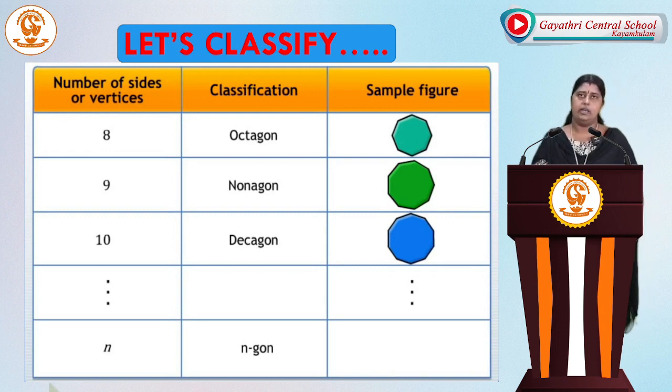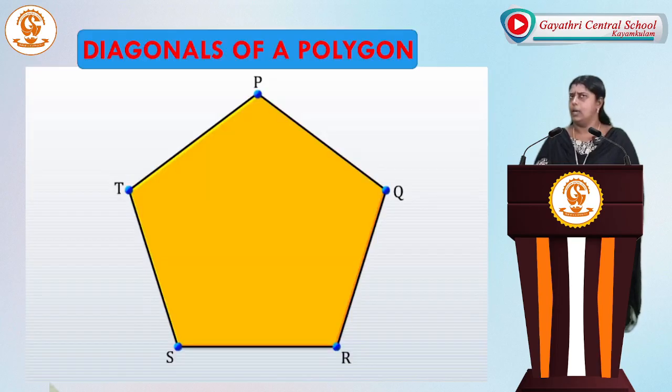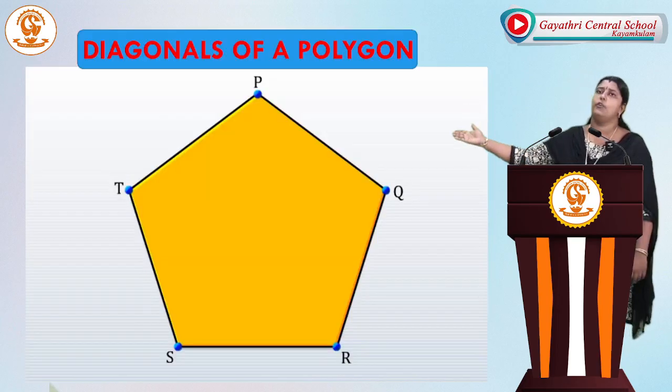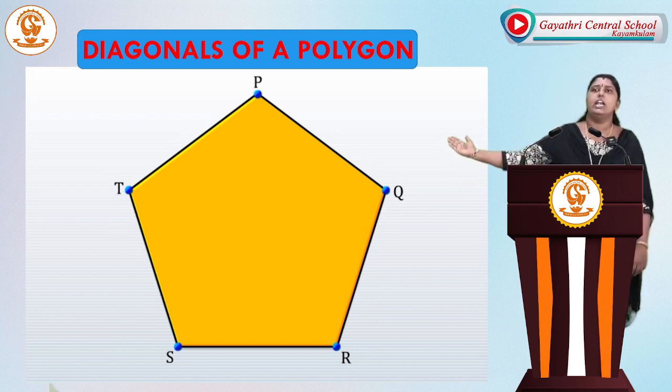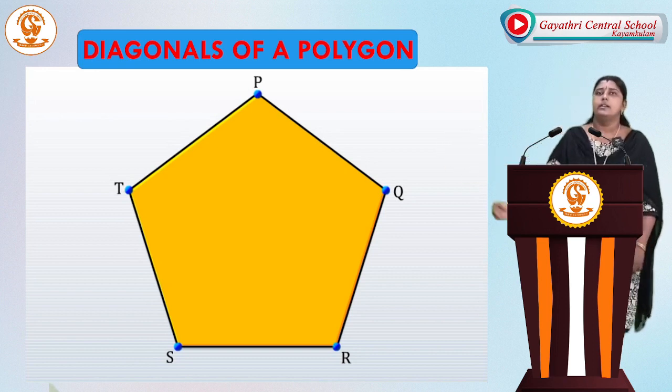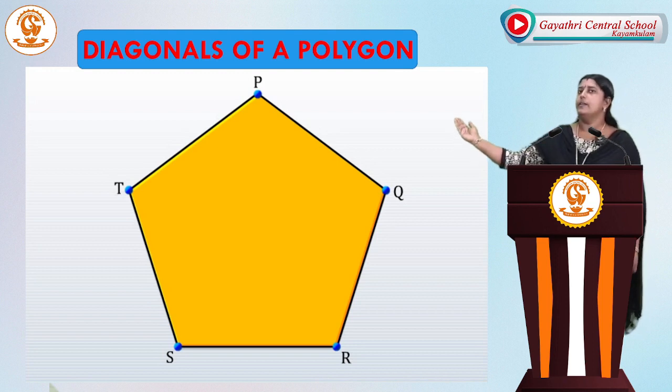Now we are going to discuss the line segment in a polygon, that is the diagonal of a polygon. Listen here. There are 5 vertices.